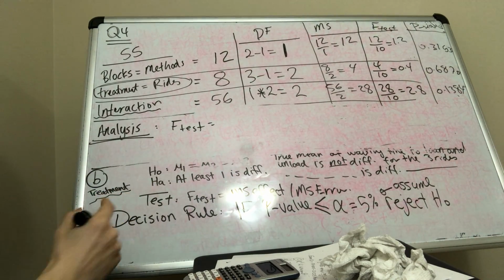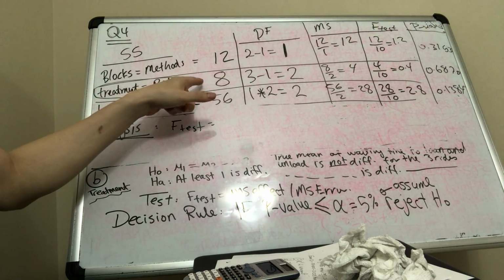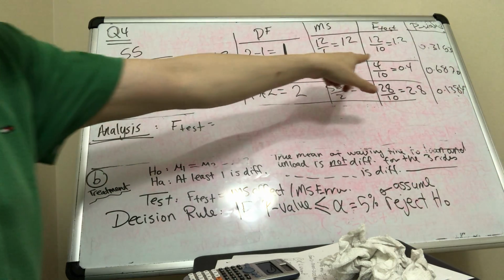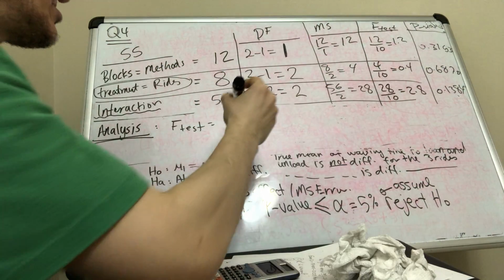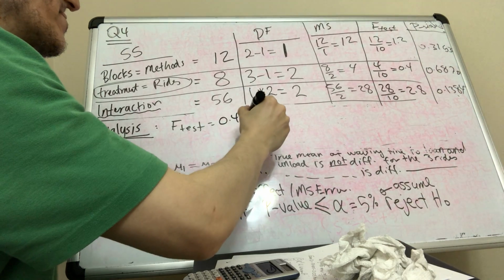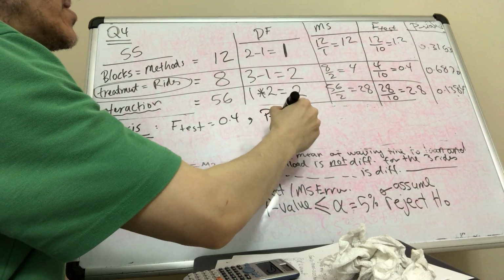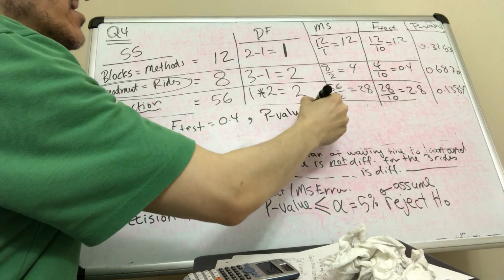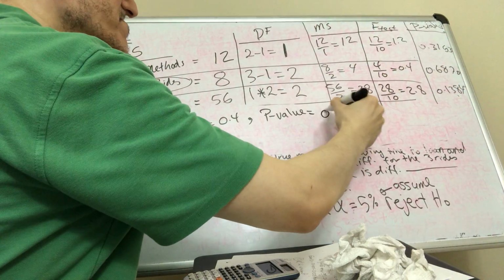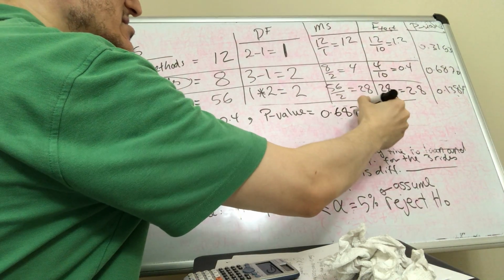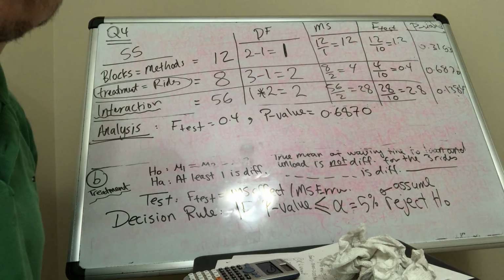Since this one is treatment, which is the second one, my F-test would be 0.4, and my p-value is going to be 6870.